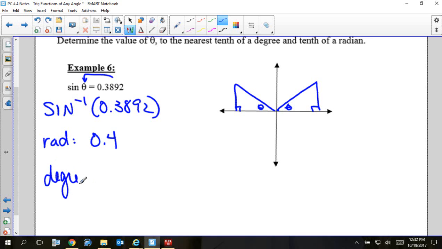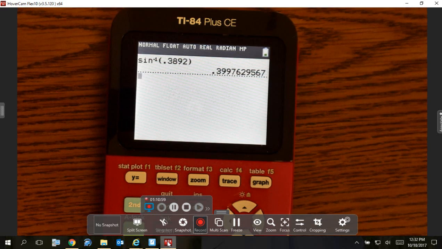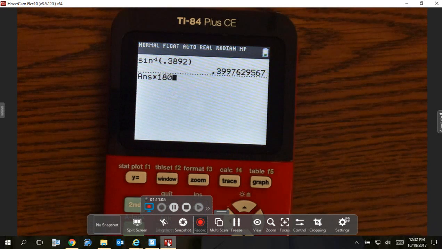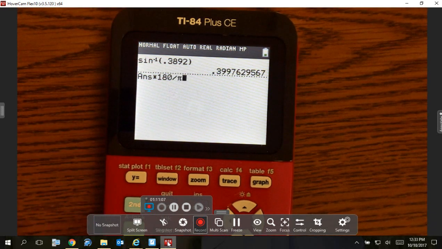How could I find my degrees for that 0.4? If we want to convert it to degrees, then we want to multiply by degrees. So if I want to convert that to degrees, I'm not using 0.4 on my calculator. I'm leaving it, and I'm multiplying by 180 divided by pi.